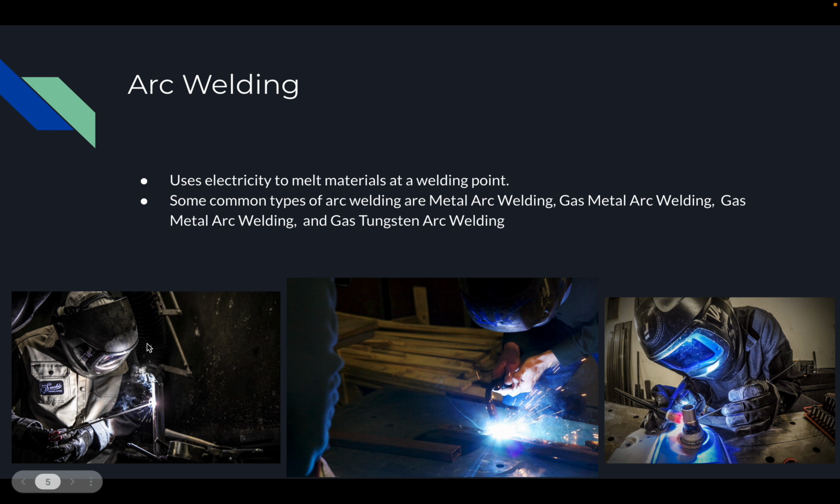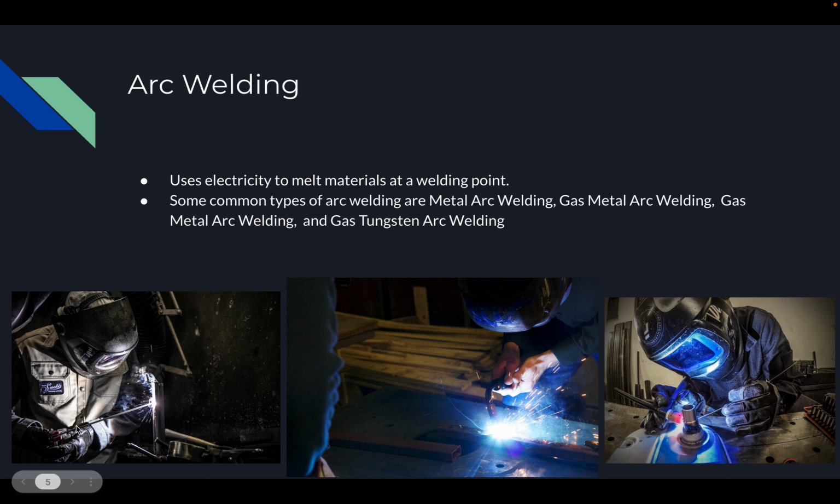This picture right here on the left shows metal arc welding, which is also known as stick welding. You can see in this picture, this guy has the stinger in his hand, and what makes it be called stick welding is the stick that he's using to make the actual weld.